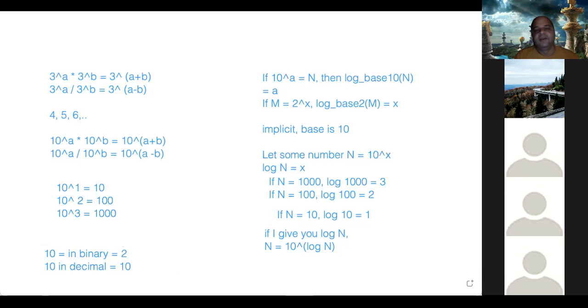What essentially it is saying is that it is the same for the other bases also. Only thing is that for simplicity, we are dealing with log base 10. So if I tell you that log of some number x is equal to 4, can you find out what is that number x?